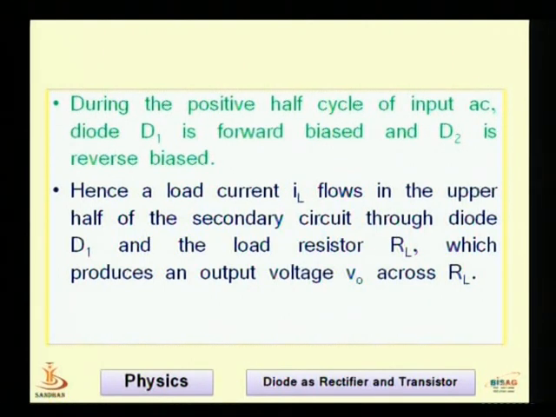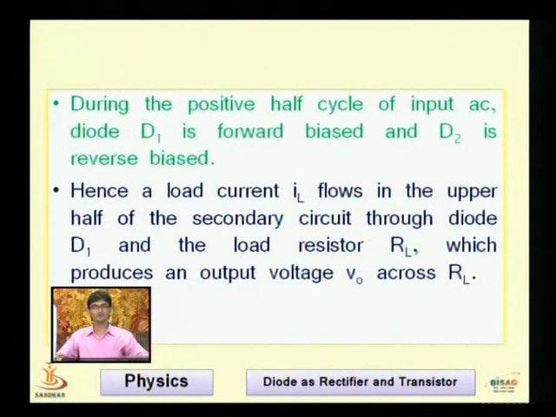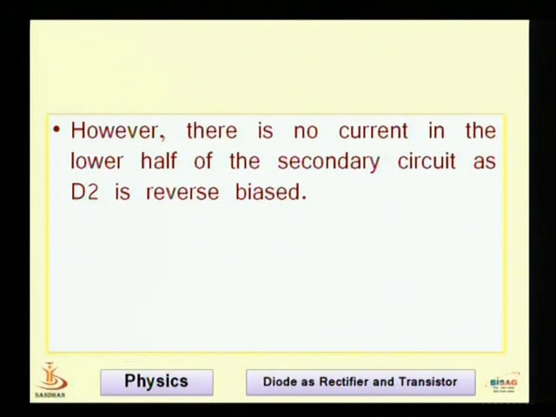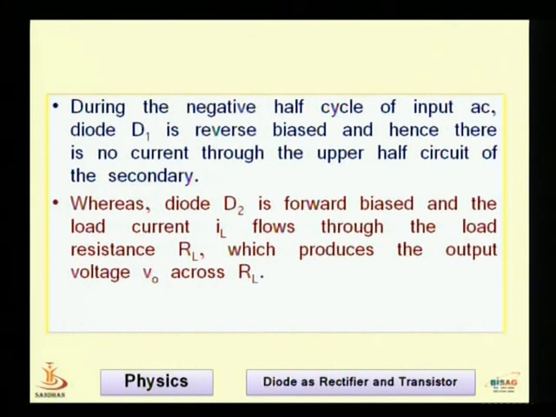So for the first half cycle from 0 to pi, we are getting the output due to diode D1 and RL. Now for the next cycle, however, there is no current, as I told you, in the lower half of the secondary circuit, as D2 is reverse biased. Now during the negative half cycle, diode D1 is reverse biased and diode D2 is forward biased.